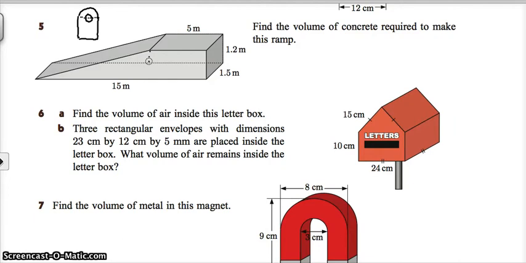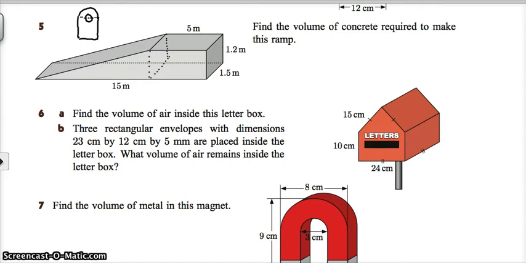I would be tempted to say I have a shape which looks like that. If I just get rid of this for a minute out of my head, put a hand over it, what I've got is a rectangular prism here. I hope you can see.